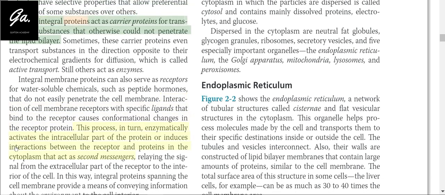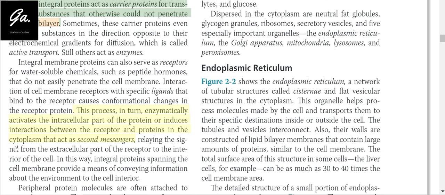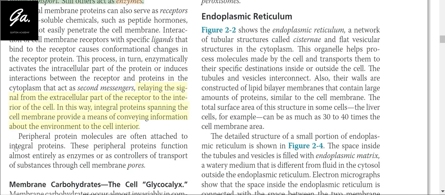Other integral proteins act as carrier proteins for transporting substances that otherwise could not penetrate the lipid bilayer. Sometimes, these carrier proteins even transport substances in the direction opposite to their electrochemical gradients for diffusion, which is called active transport. Still others act as enzymes.